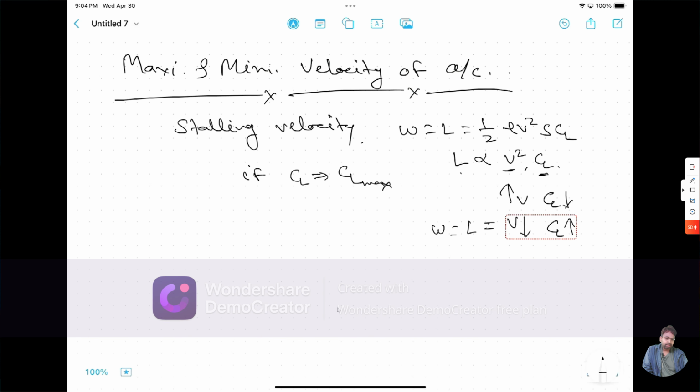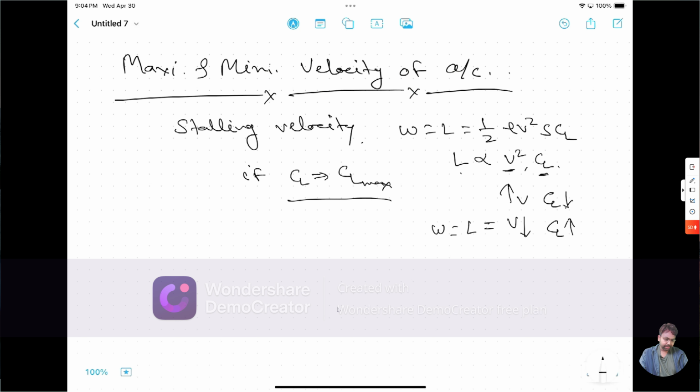Now we will see here. If you are making your velocity as minimum as you can, or you are making your CL as maximum as you can, so that CL is equal to CL max, and it is a constant value for each and every airfoil.